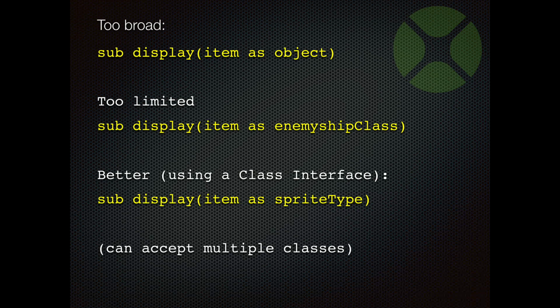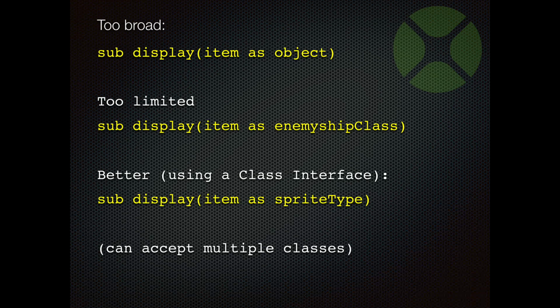So what we do with a class interface is define a template and say, you are both sprite type. Then you could go through your project, and anywhere you have something displayable, you can say you're a sprite type, you're a sprite type, and then pass all of that to this routine, and it would know how to talk to a sprite type and display it.